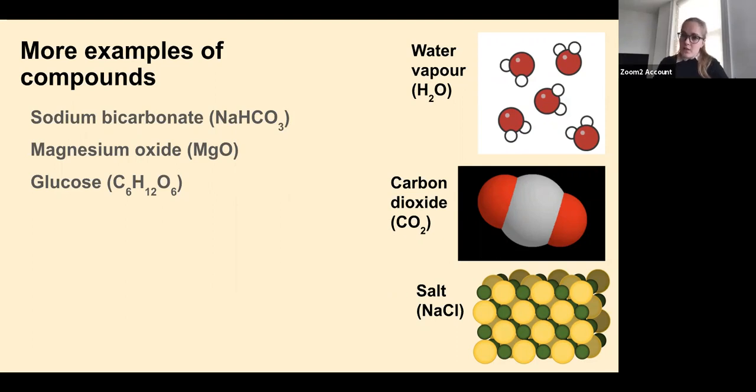Water molecules always have the same structure, and the same with carbon dioxide, which is always going to be CO2. That's important to remember about compounds: they have a specific structure. All water molecules are always going to be the same, and all carbon dioxide molecules are going to be the same. So compounds always have a specific formula and a specific structure.